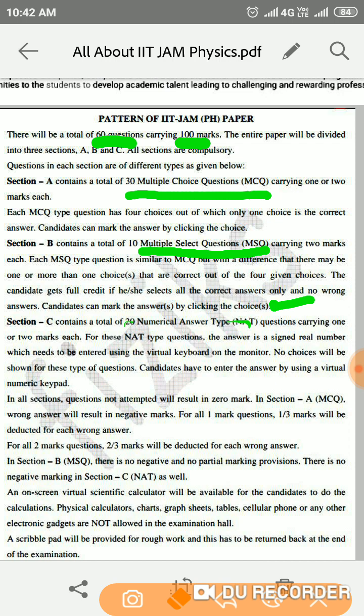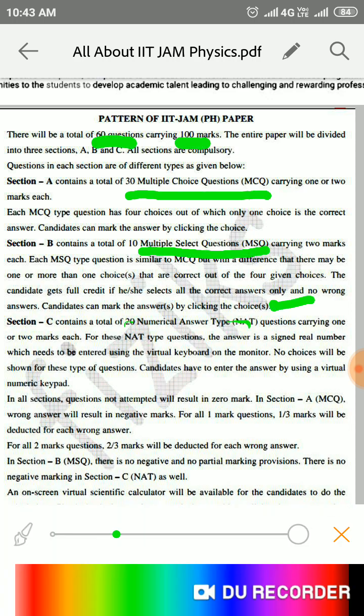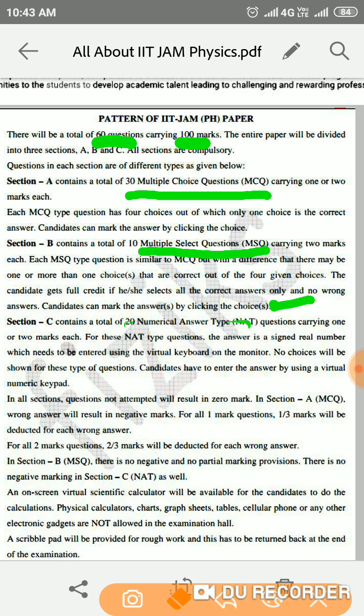In this part, question number 1 to 10 will carry 1 mark, and question number 11 to 20 will carry 2 marks. In this section also there will be no negative marking, and a virtual calculator is displayed on your screen which you can use for calculations. So that was all about the paper pattern.